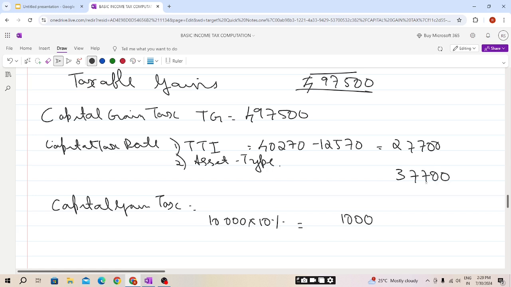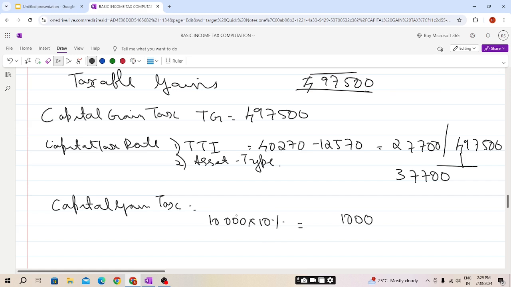this is falling within the band, because the capital gains tax is calculated and the taxable gains will be treated as the top slice of the income. So after this you need to treat the capital gains tax, our limit is 37,700, remaining 10,000, excuse me, at 10%.